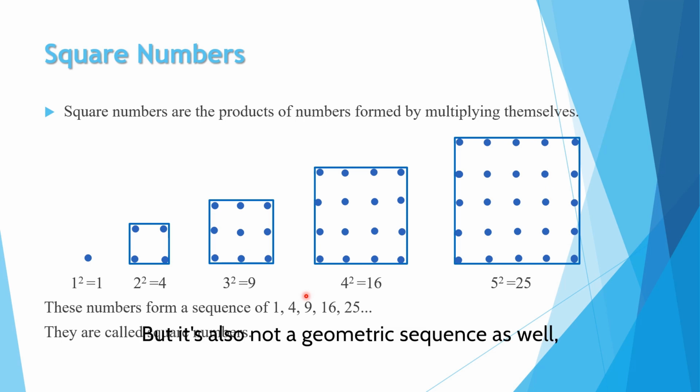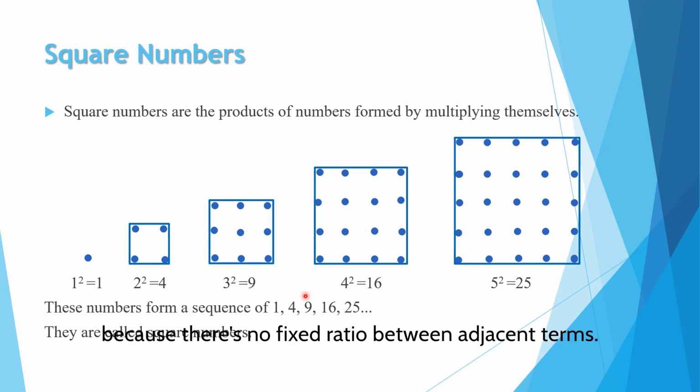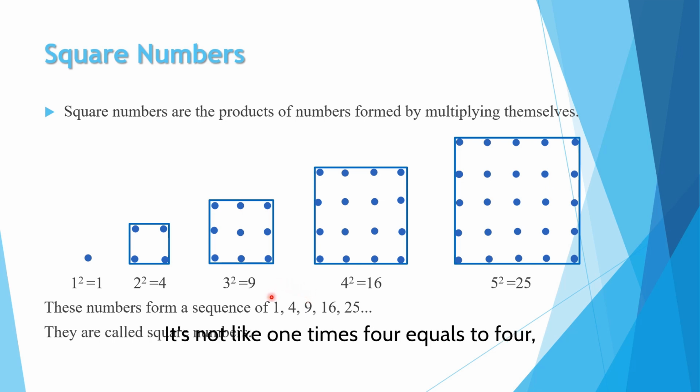But it's also not a geometric sequence, because there's no fixed ratio between adjacent terms. It's not like 1 times 4 equals 4 and then 4 times 4 equals 16. The ratio is not fixed. So by experience, after the first glance, we can already spot that this should be a square number sequence. So this is quite interesting.